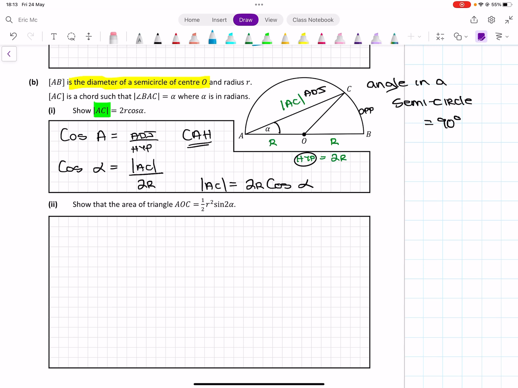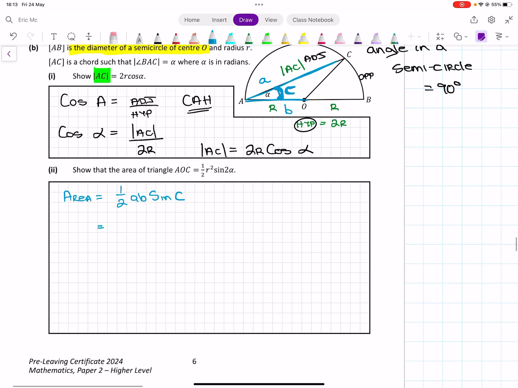Okay, so for the area of a triangle, when it's not right angled, we have to do a half ab sine C. This can be a, this can be b, because the angle has to be in between a and b. So this angle here is going to be our C. So it's a half a b.